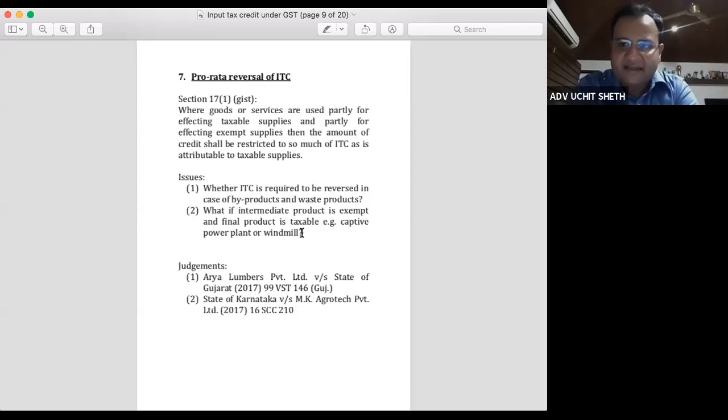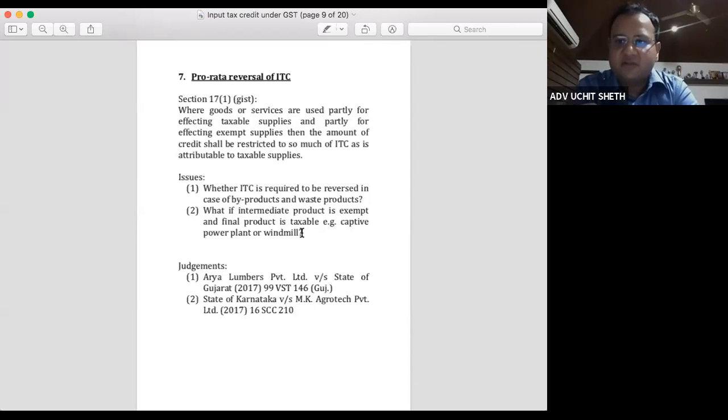In many cases, the byproduct and waste product are exempt commodities, while the main product is a taxable commodity. Question is whether this provision is attracted or not. According to me, insofar as byproducts are concerned, this provision will definitely apply. Insofar as waste products are concerned, it is a debatable proposition.